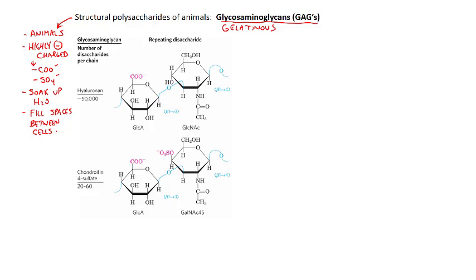So for example, hyaluronan, which is found in connective tissues. So what is that? So that's a gluconic acid, which is like glucose, but carbon 6 is changed to a carboxylic acid. Beta 1 to 3 in acetylglucosamine, beta 1 to 4, and then it repeats, right?